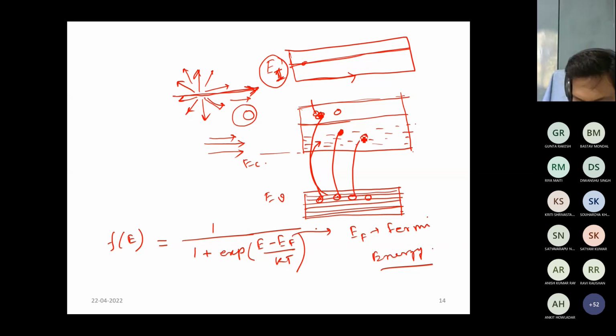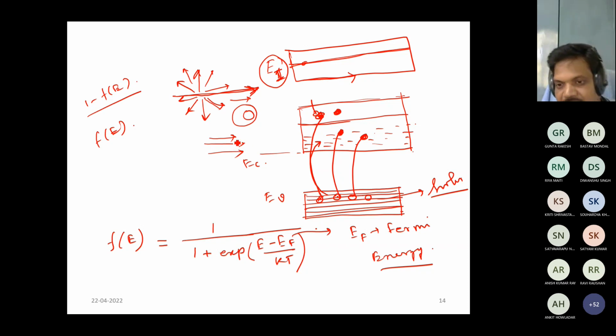These are called holes. Are you getting it? If Fe defines the probability of occupancy of an electron at this level, then 1 minus Fe defines the opposite, that is the probability of a vacant energy state. That means there is an empty energy state, right?